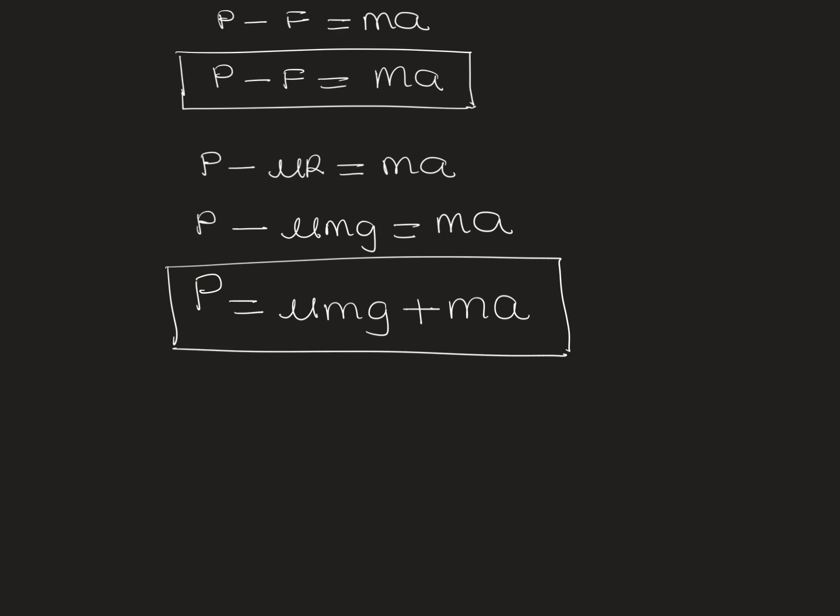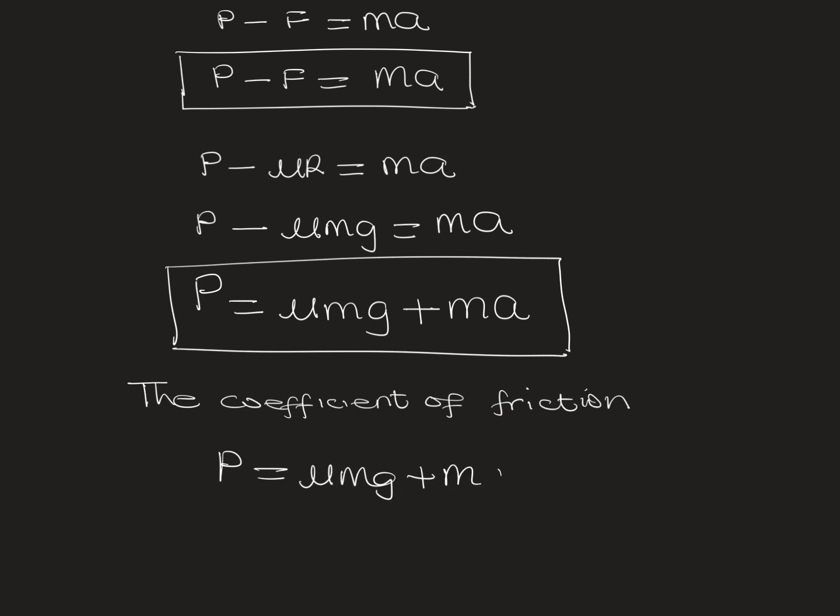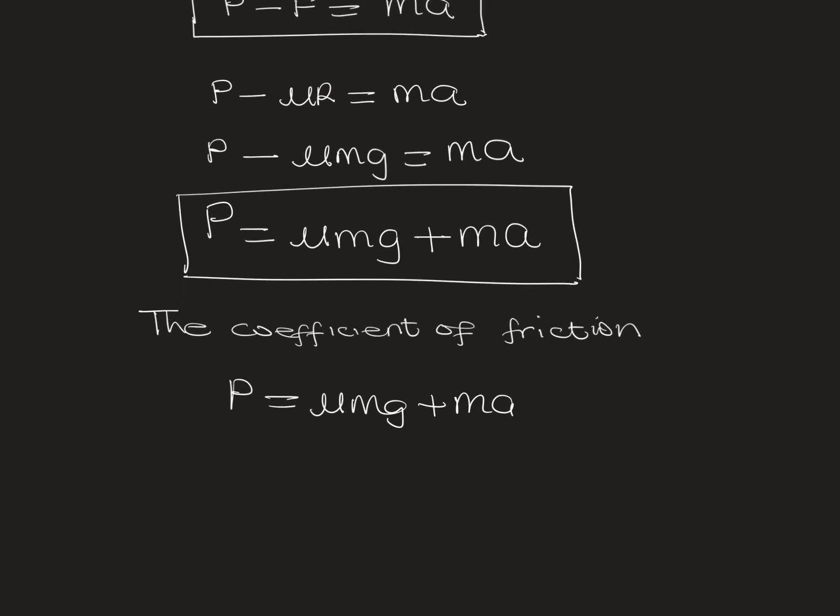Now let's say we want to calculate the coefficient of friction. So using P is equal to mu mg plus ma, then I can say P minus ma is equal to mu mg.